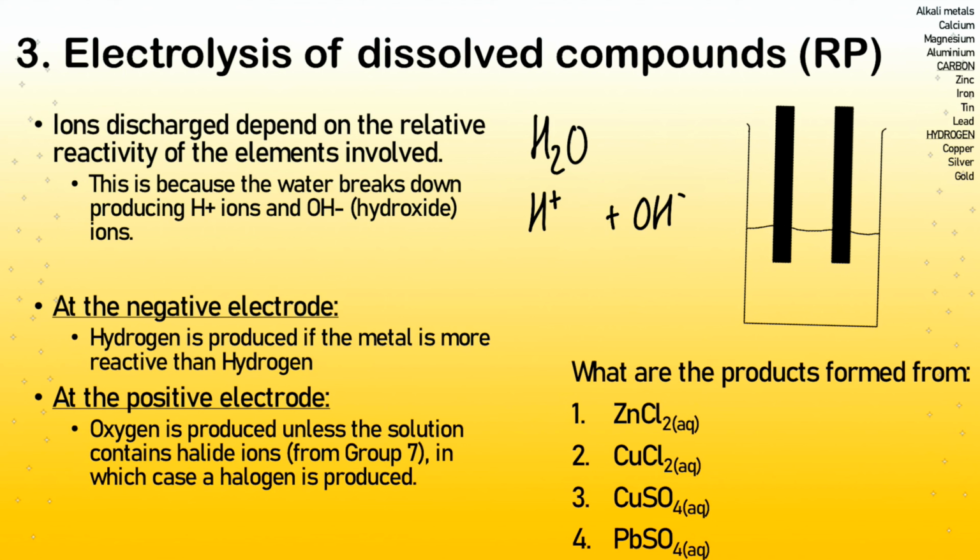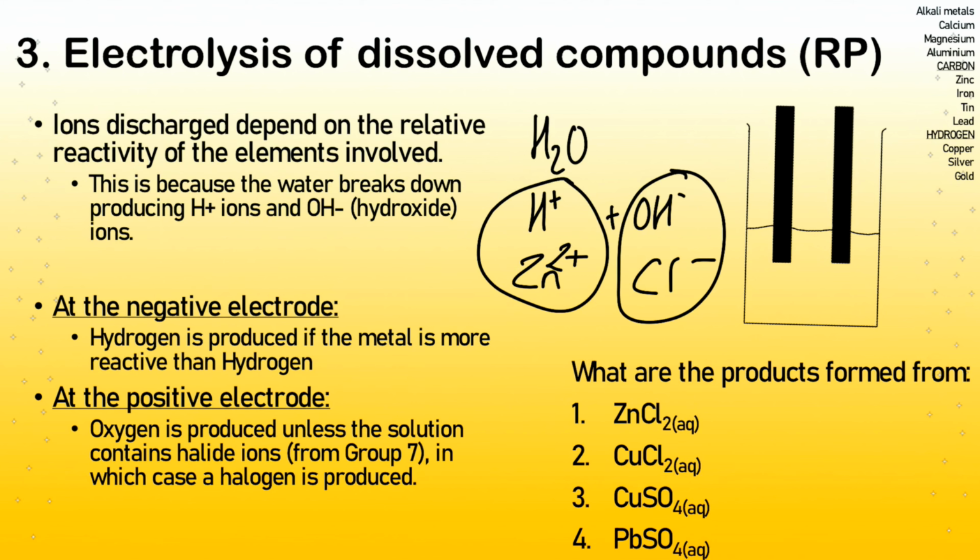So the water breaks down, producing H plus ions and hydroxide ions. But the way this works is slightly different, because in the mix you can have hydrogen ions, hydroxide ions, and for example number 1 here, zinc ions and chloride ions, which means that when we're electrolyzing this, we've got two positive ions and 2 negative ions, which need to compete for gaining or losing electrons at the electrodes.